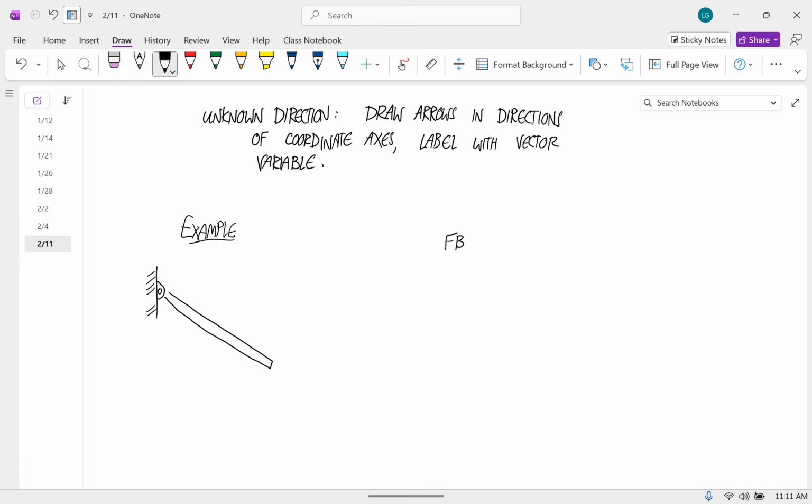Then the free body diagram of the bar, you'd have the weight acting at the center. And up here, we don't know the direction of that force. So I would just represent that like this and give it the variable R, that's a vector.